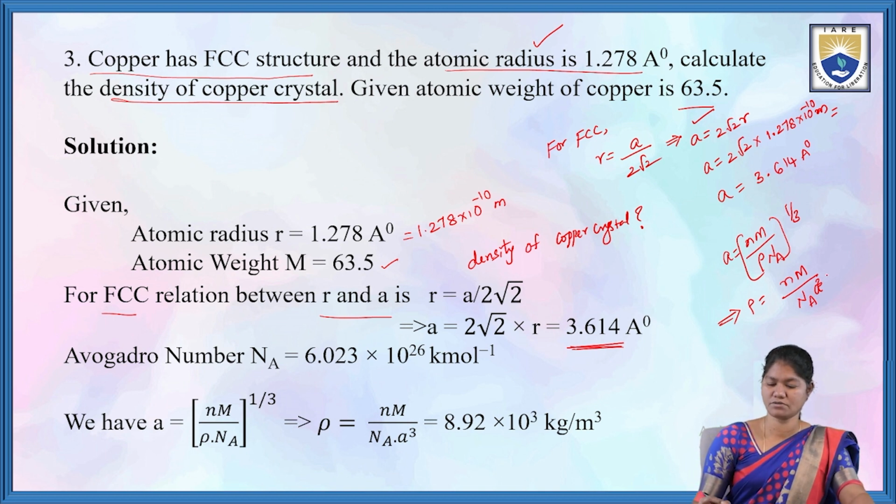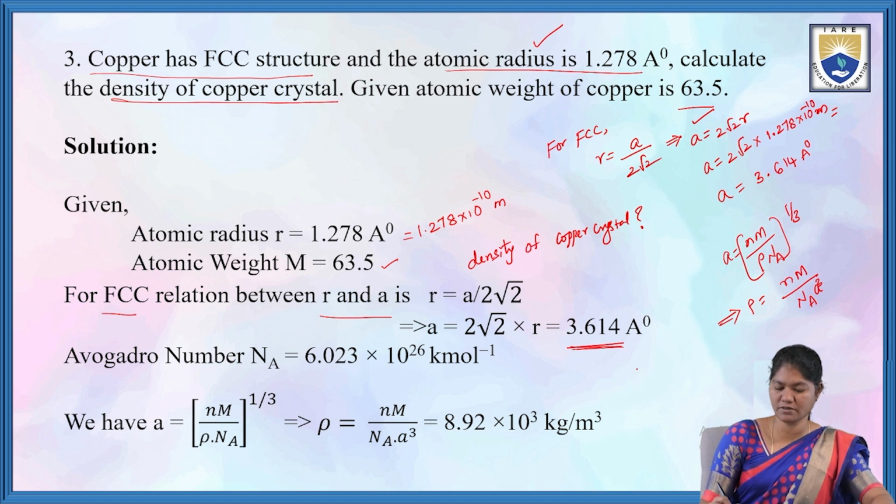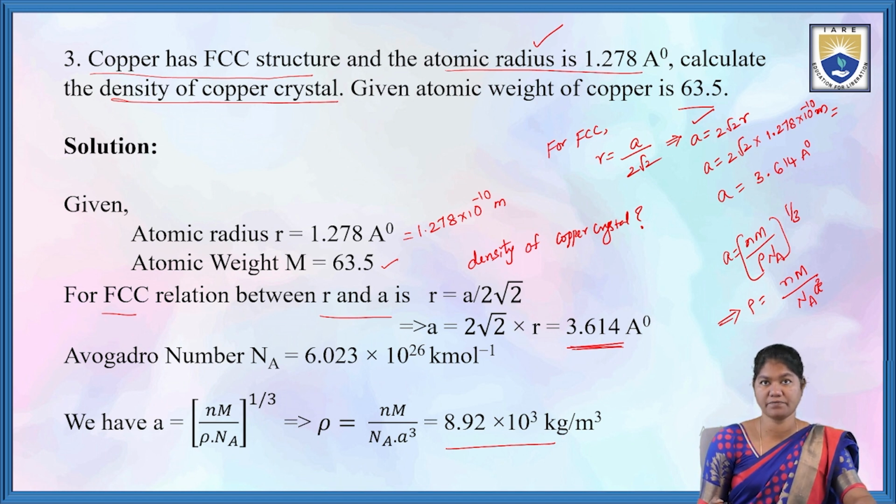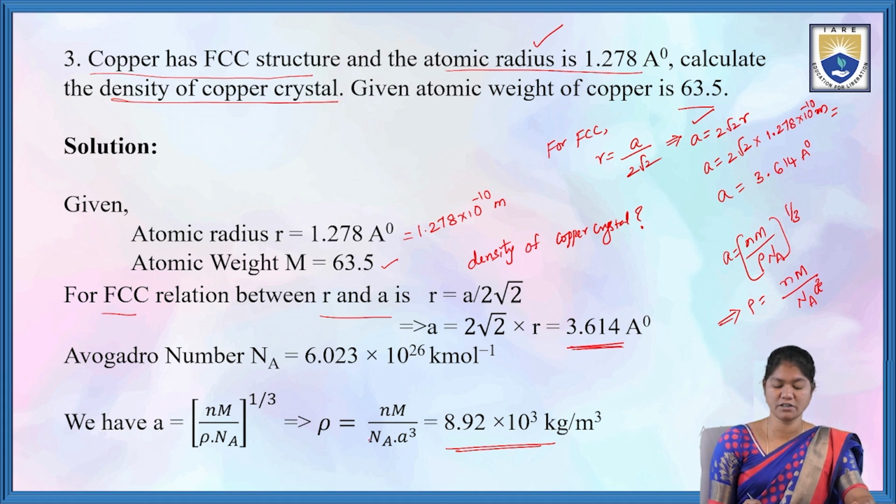Substituting the values, the molecular weight and everything, rho is equal to n, the number of atoms, into the molecular weight, divided by Avogadro's number times A cube.